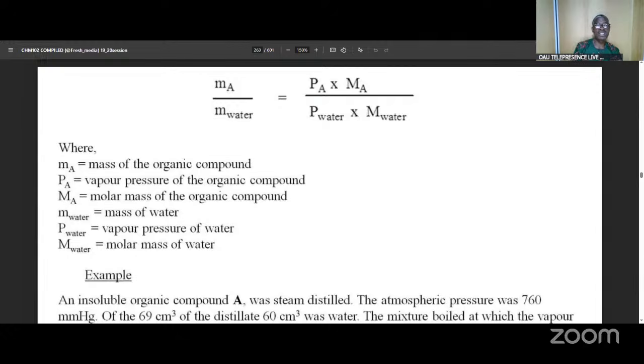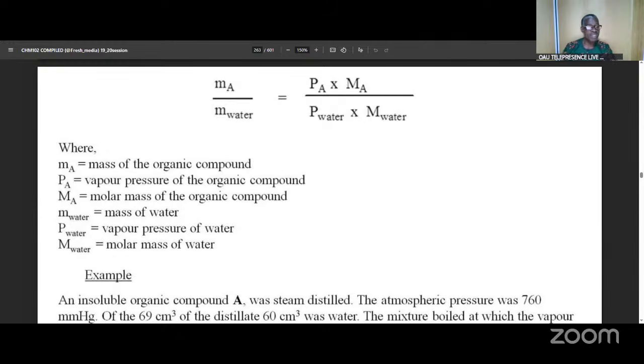Okay, this equation is very, very important. mA over m water is equal to PA multiplied by MA over P water times M water. Now, let's define all these parameters. mA is the mass of the organic compound that you want to steam distill.